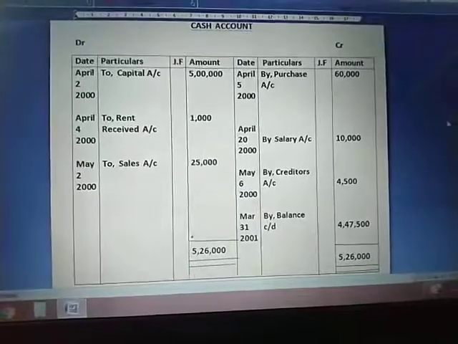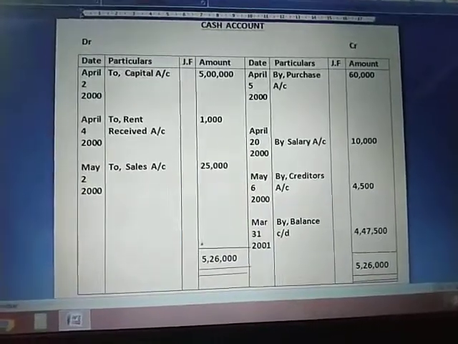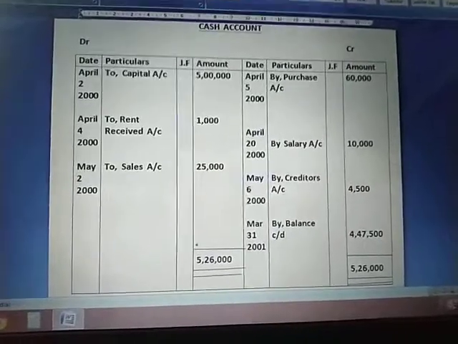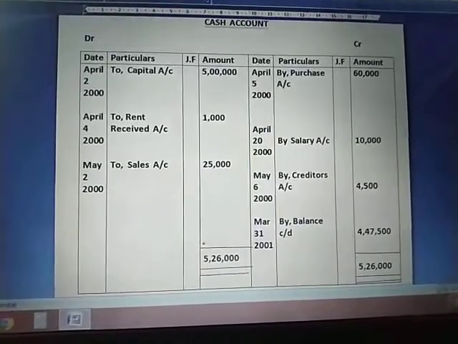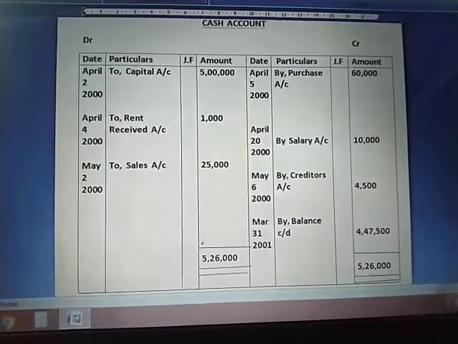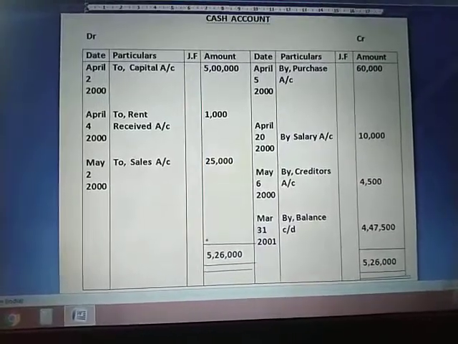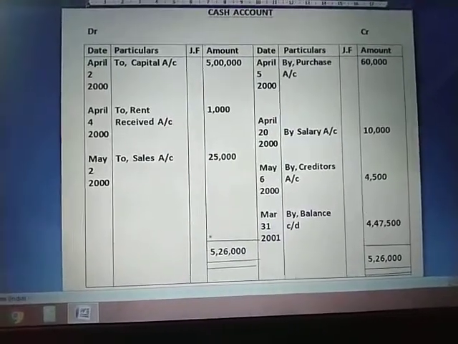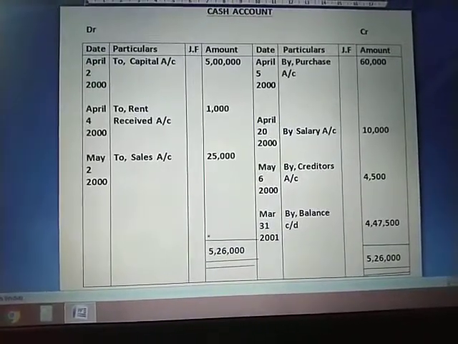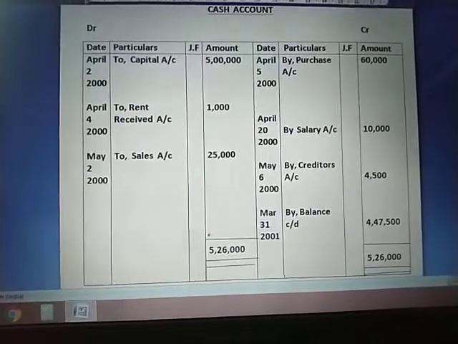Now cash account is a real account, so it contains a debit balance. When we start the business with cash, on 2nd April 2000 we write capital account 5 lakh. Then as and when cash goes out from the business, we keep on crediting it. So by purchase account 60,000 on April 5, then April 20 salary we have paid, 10,000.